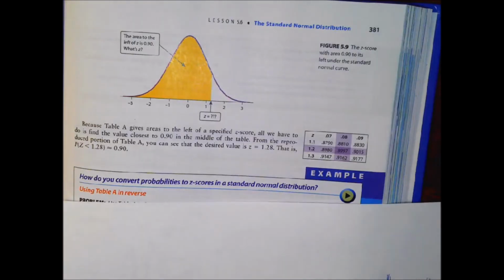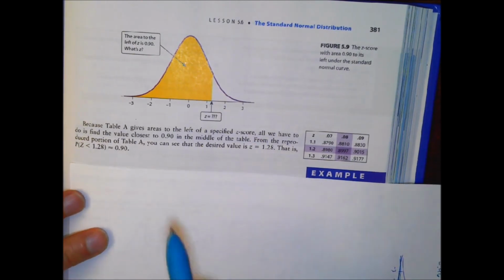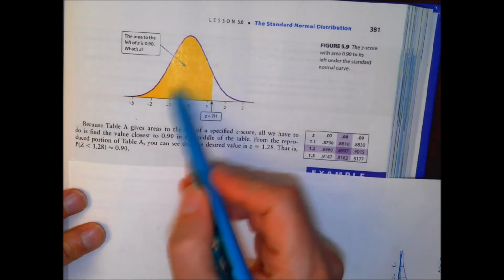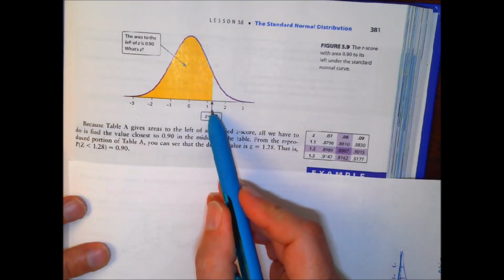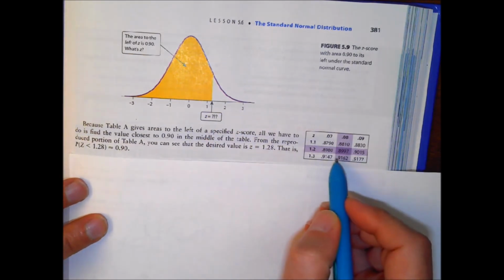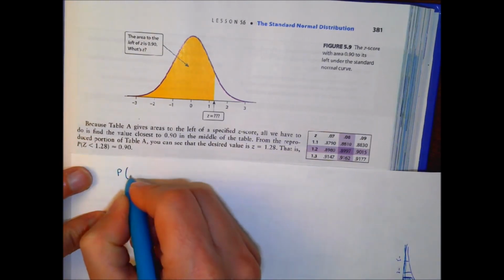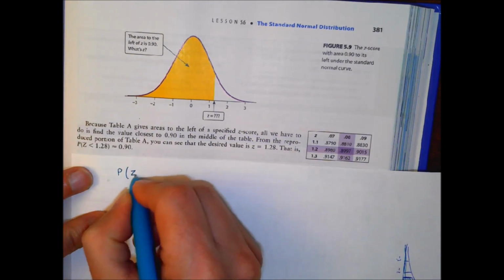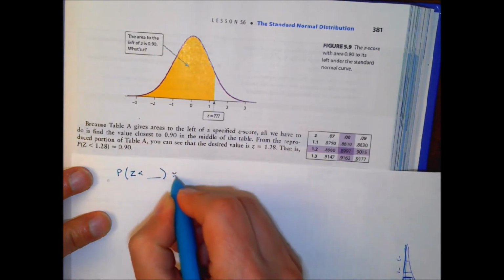Another thing we want to talk about, our third goal for today, is to think about if I'm given a certain area or probability, what is the z-score associated with that? You could go to the table, but I'm going to show you how to do it in Desmos once again. So let's find the probability z is less than what z-score is about 90%.